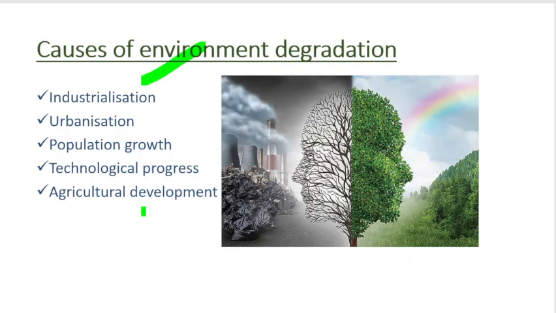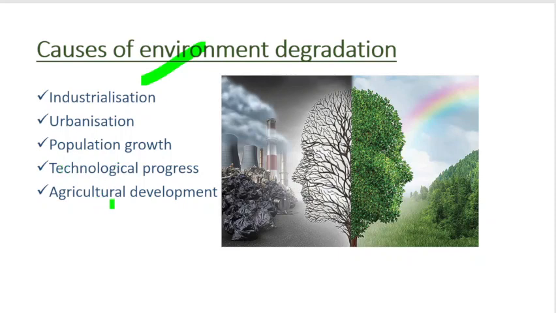So this way the environment is getting harmed. Population growth, again the same thing. If population is growing excessively, uncontrollably, now to feed this population, to accommodate this population, to give them a good life, right, we cut down all the natural resources. That also leads to environment degradation.